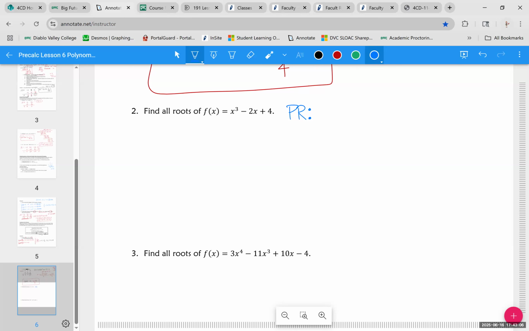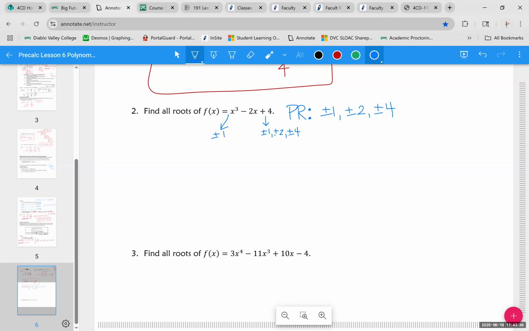So remember, you take the possible factors of your constant and you divide them by the possible factors of your leading coefficient. Well, in this case, your leading coefficient is just 1. So your list of possible roots is just going to be those factors of the constant. So that's nice.